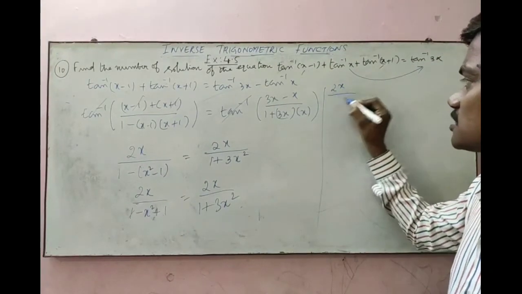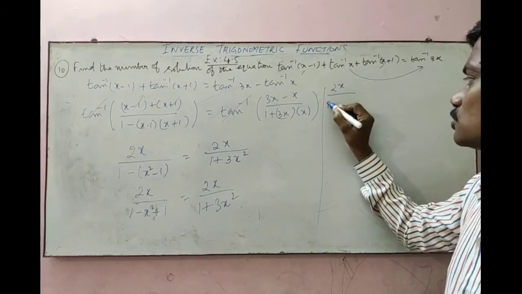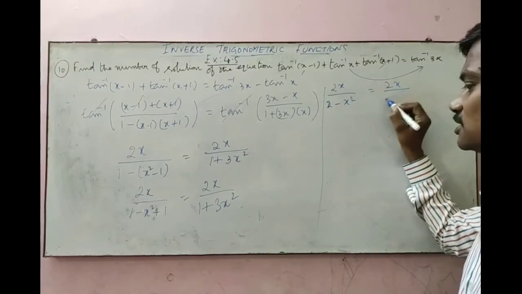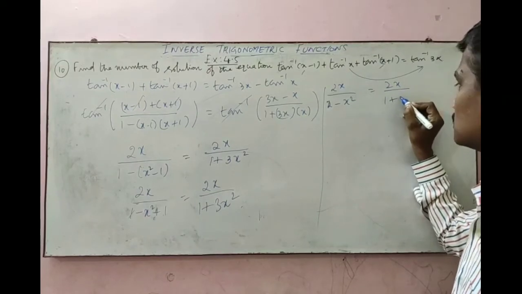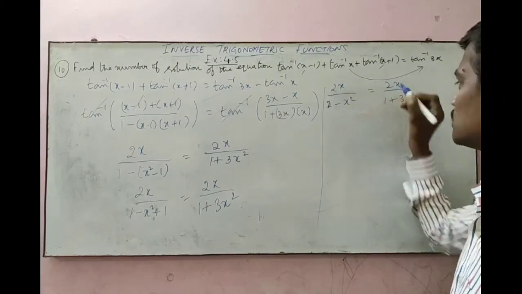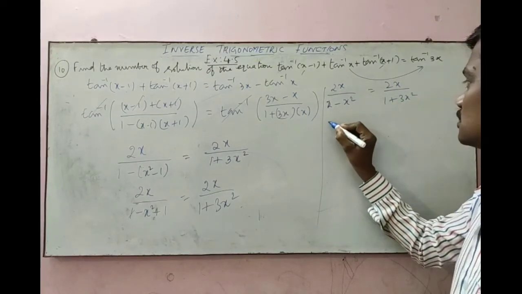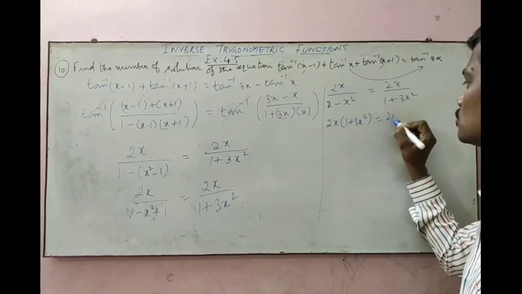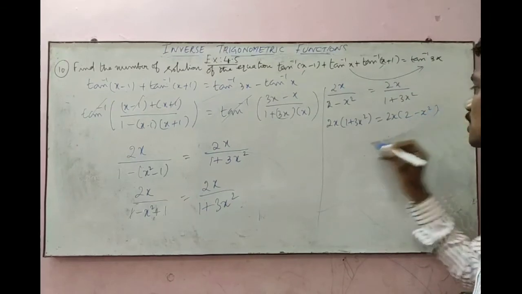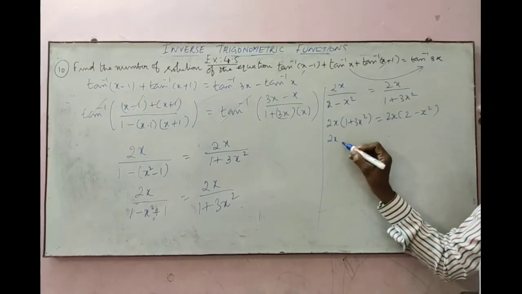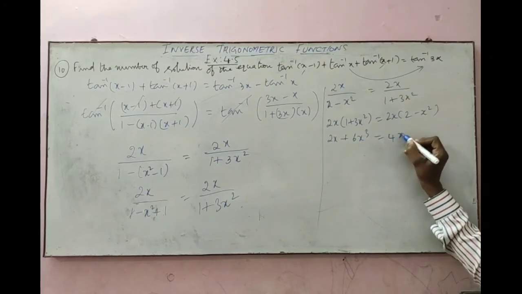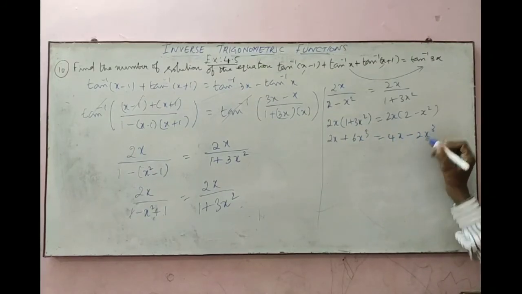The next term is 2x by 2 minus x square is equal to 2x by 1 plus 3x square. If you cross multiply those two equations, you will get 2x into 1 plus 3x square equal to 2x into 2 minus x square, which gives 2x plus 6x cube equal to 4x minus 2x cube.